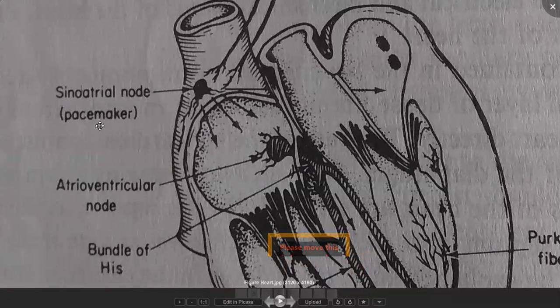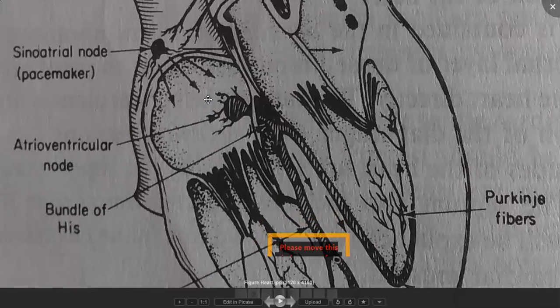It is responsible for the generation of the electrical impulses. Where is it situated?